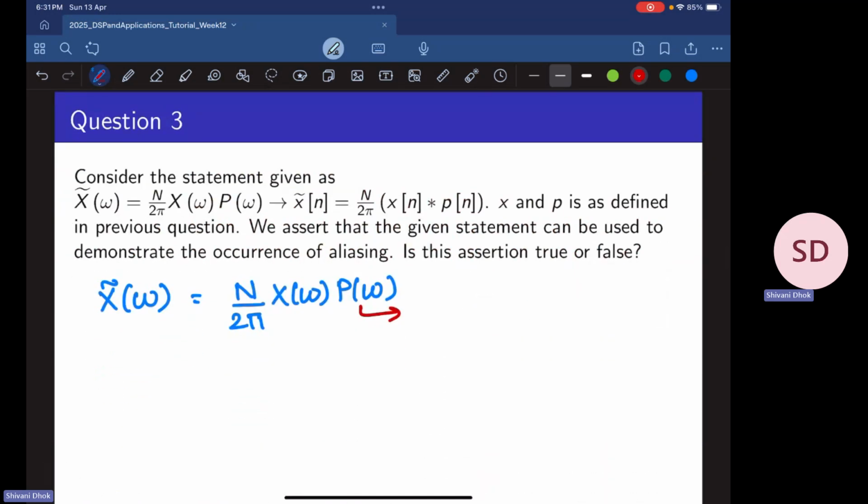We have seen this train of impulses gets multiplied to this particular signal. If you recall, when we were doing time domain sampling, we multiplied the time domain signal with a train of impulses. Whenever we multiply a given signal with a train of impulses, that leads to sampling.